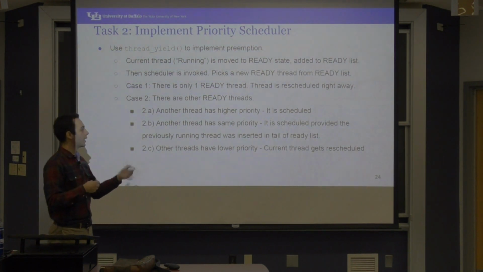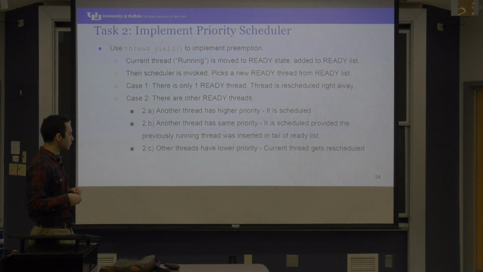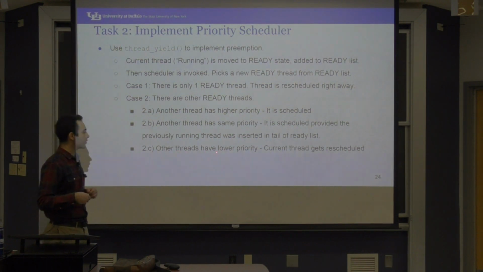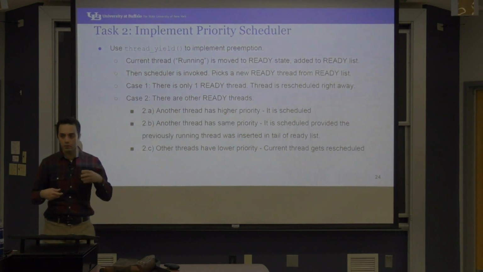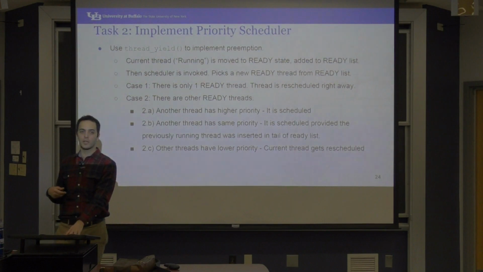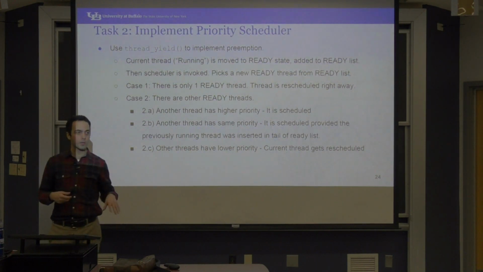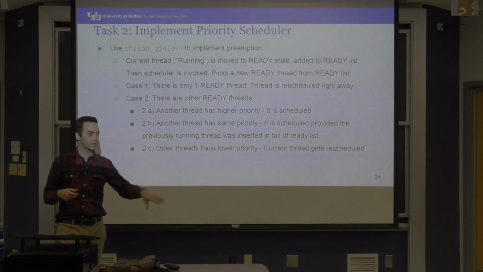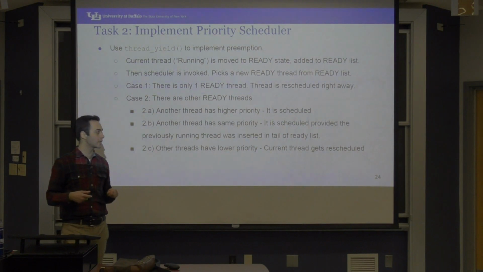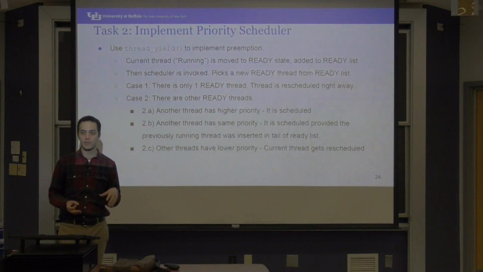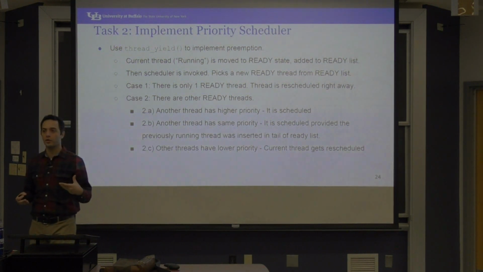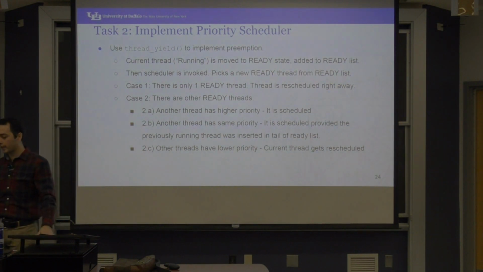Within the same priority, they have to have the queue. And if the other threads have lower priority, again the same thread should get scheduled, right? So even though it was put maybe at the back of the list, or however you want to handle your list, even though it was just scheduled out, if it's the highest priority, it should get scheduled back in, right?